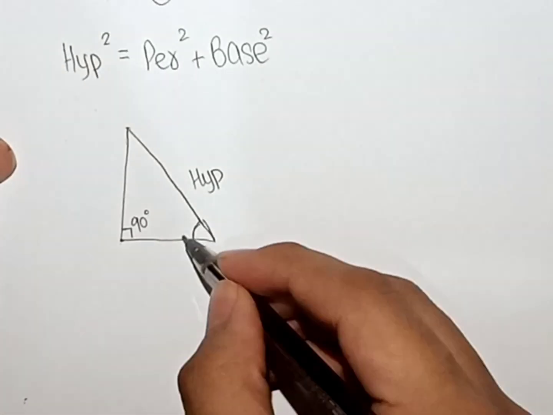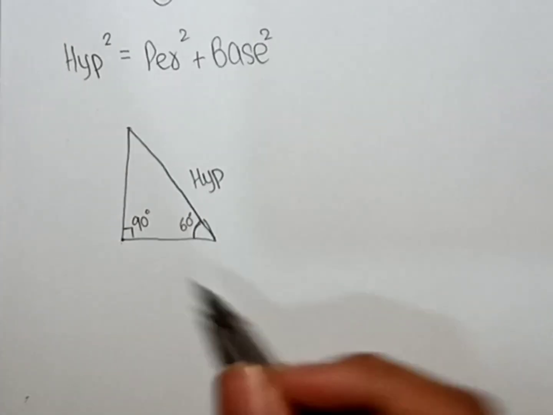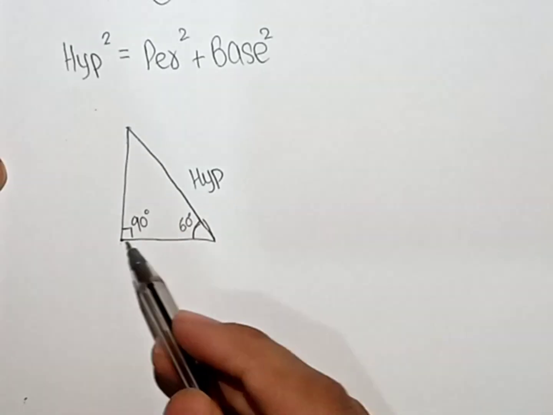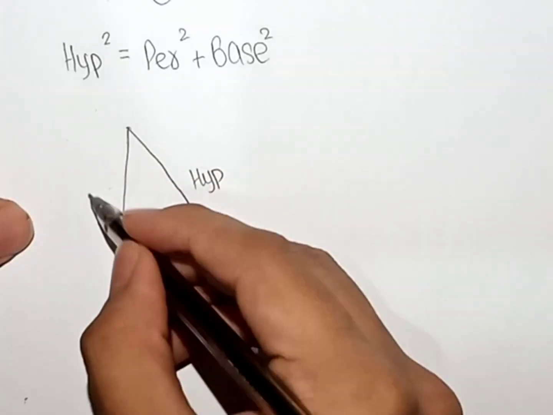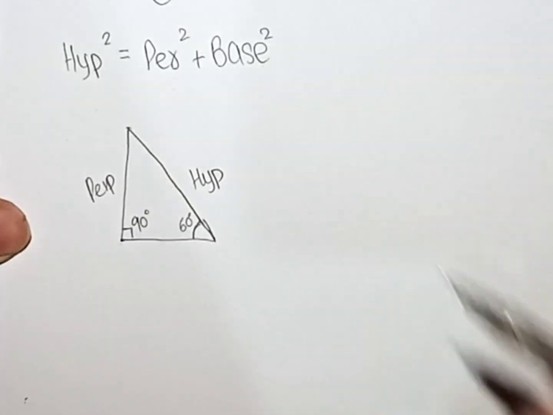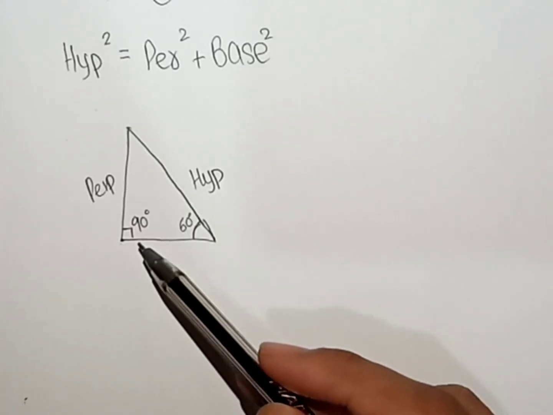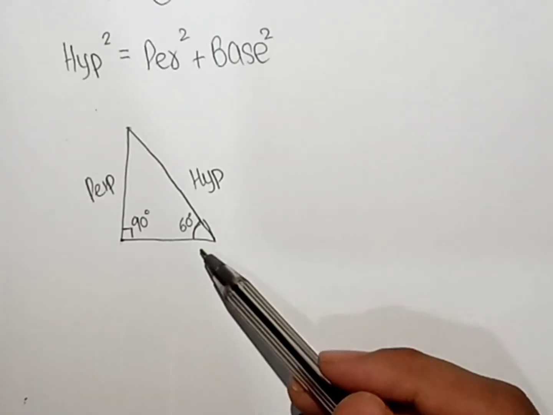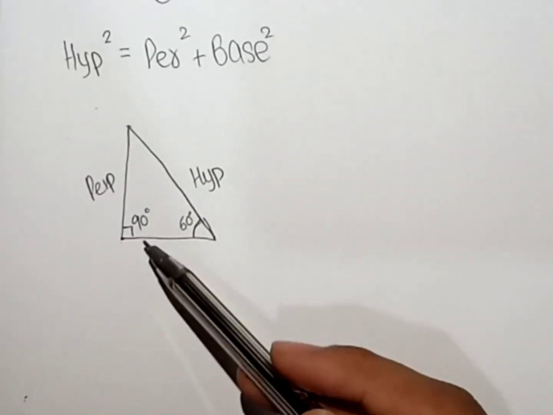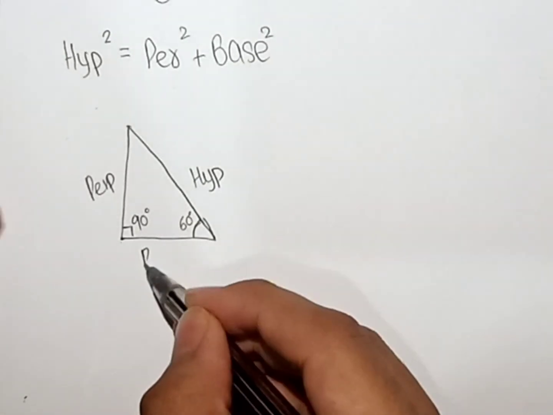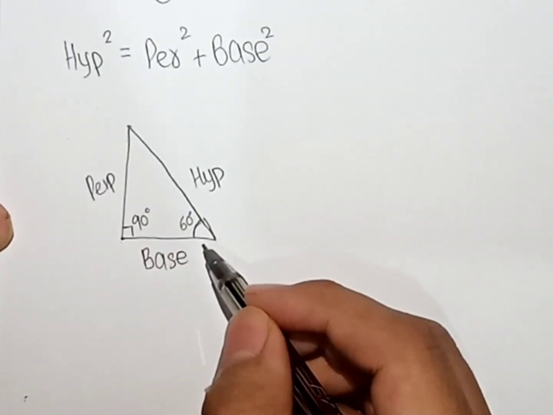Secondly, when an angle is given to you, for suppose 60 degrees, the line opposite to the angle given to you, other than the 90-degree one, is known as the perpendicular, and the remaining side will be known as the base, which is the line that touches both the 90-degree angle and the given angle.